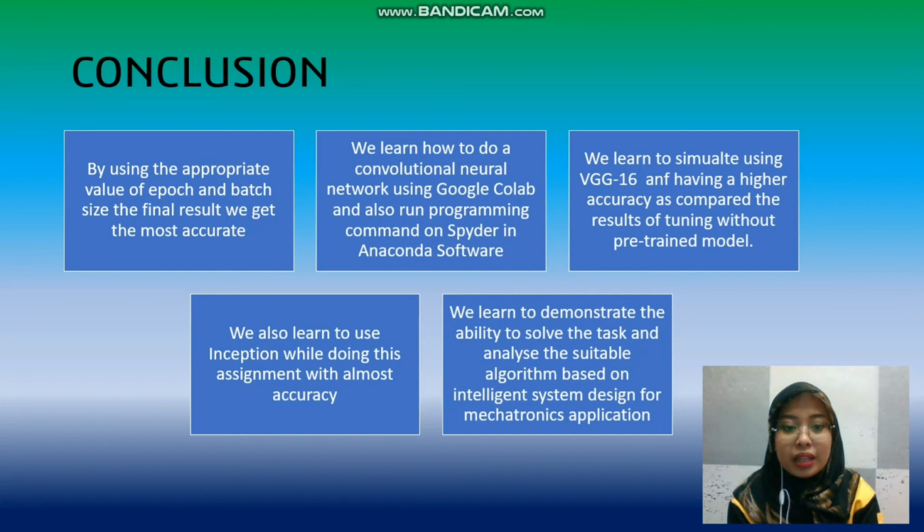We also learned to use Inception while doing this assignment, with almost 100% accuracy. Lastly, we learned to demonstrate the ability to solve the task and analyze the suitable algorithm based on intelligent control system design for mechatronic application.